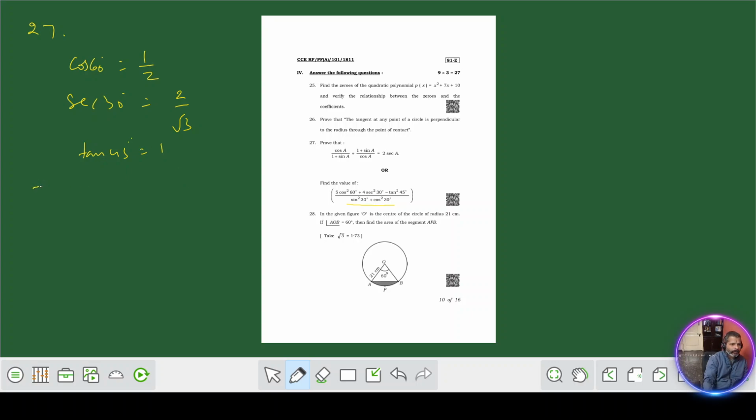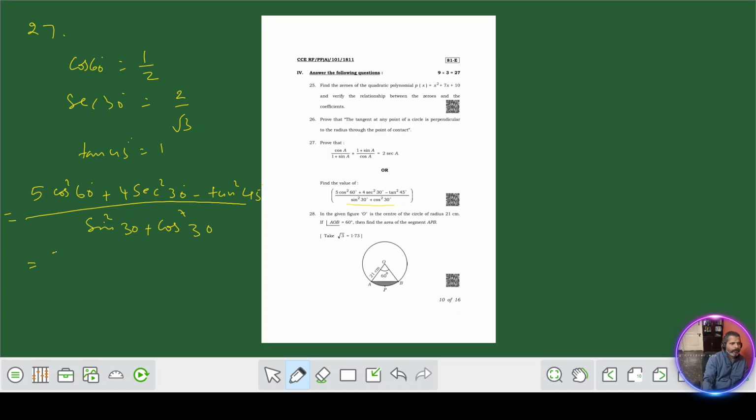Now take the expression to be found: 5 cos square 60 plus 4 secant square 30 minus tan square 45 degree, by sin square 30 plus cos square 30.